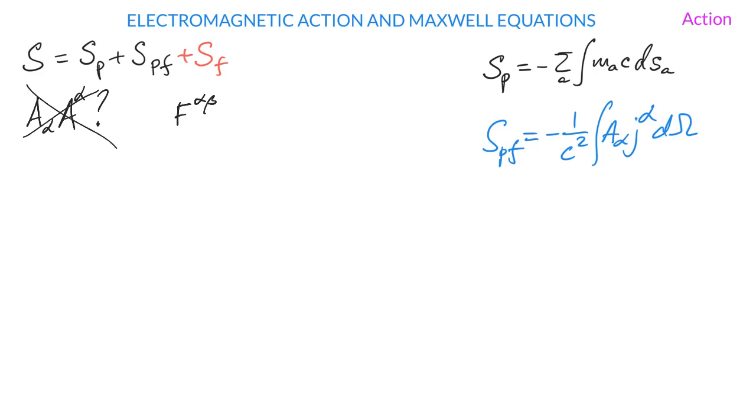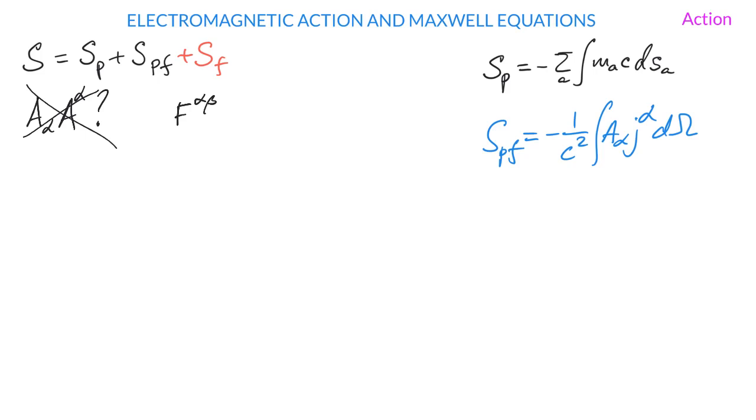Now, in order to obtain a linear equation of motion, we need the action that is quadratic in the field variables. That way, when you vary them, there is a derivative, so from the quadratic action, you have linear equations of motion. So everything that enters S sub F must be quadratic in F. We have already found that there are two field invariants.